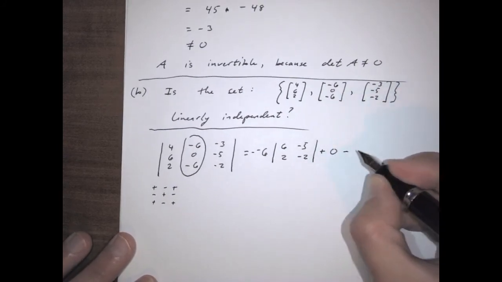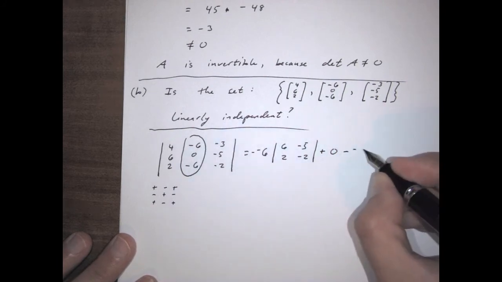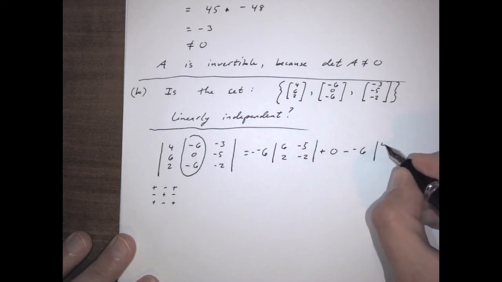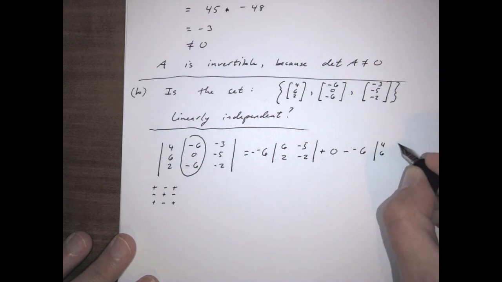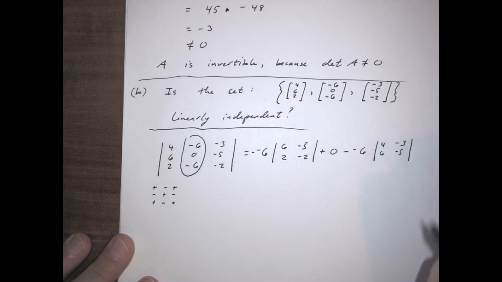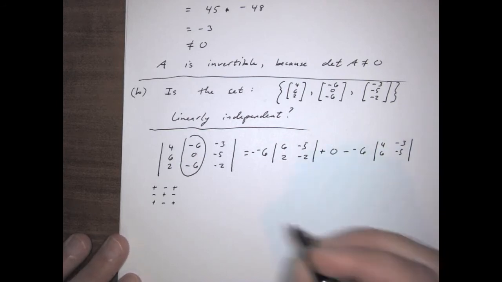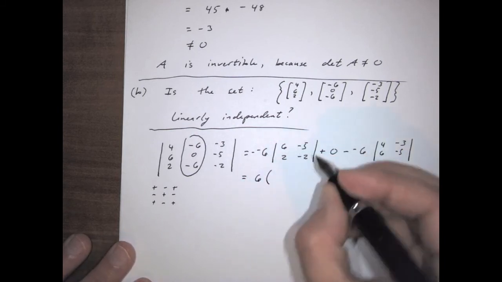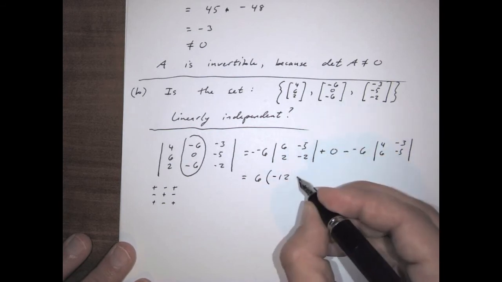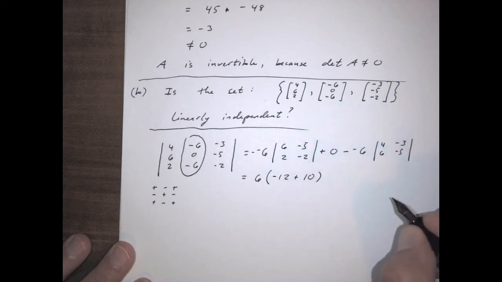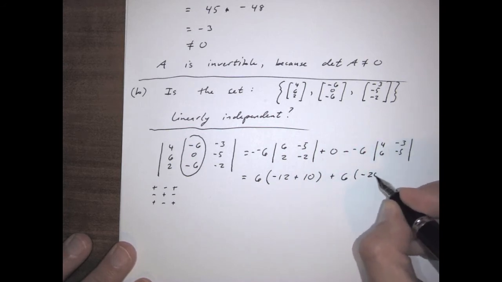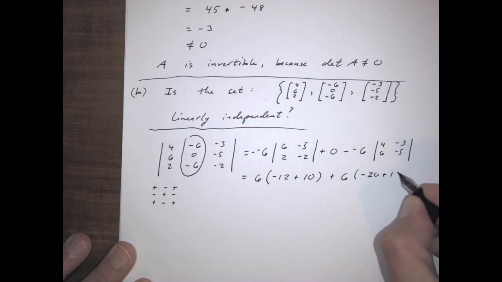And then minus, again, according to the checkerboard, -6 times, and now the cofactor is going to be 4, 6, -3, -5. The most important thing here is not to lose track of which column you were in. The most common error you might make. So this is 6 times -2 is -12, minus -10, so plus 10. And then plus 6 times -20, and then plus 18.